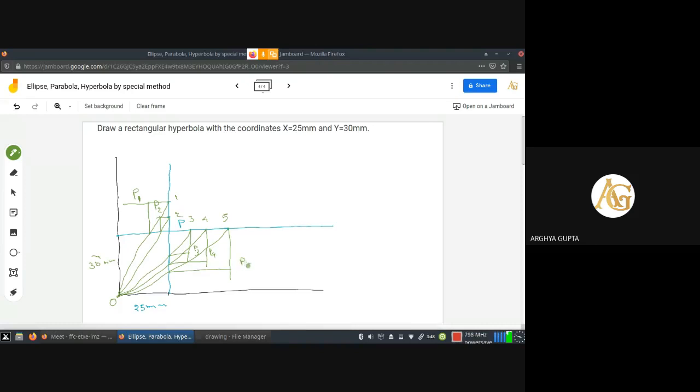Now all the points and P have been found. Now if I join starting from P1 up to P5, including P obviously, then this curve will be a rectangular hyperbola. So this curve is a rectangular hyperbola.